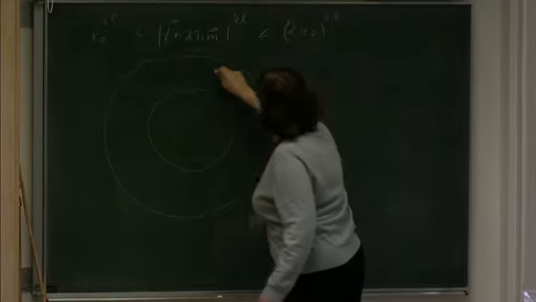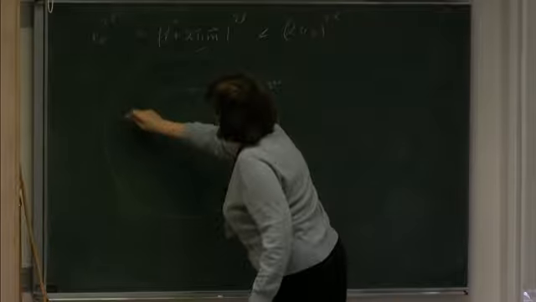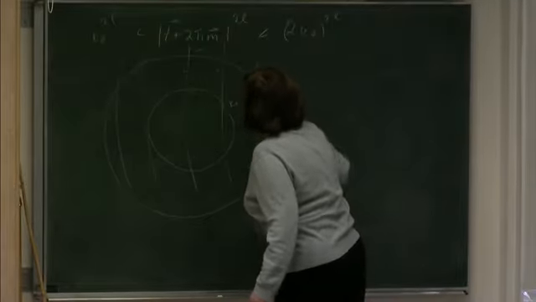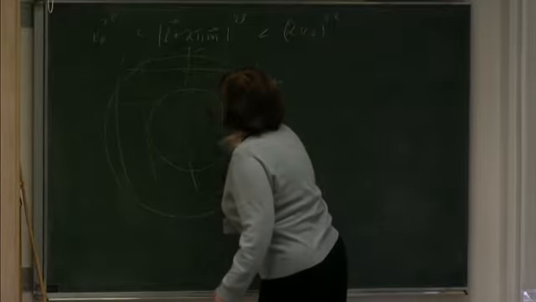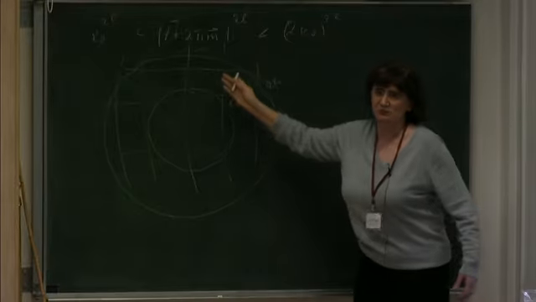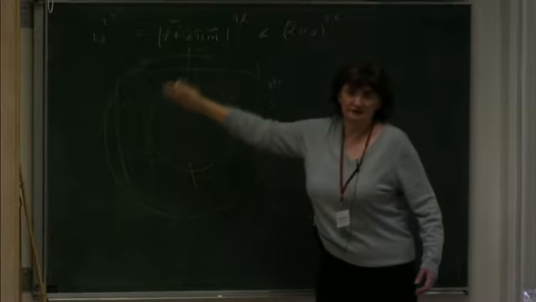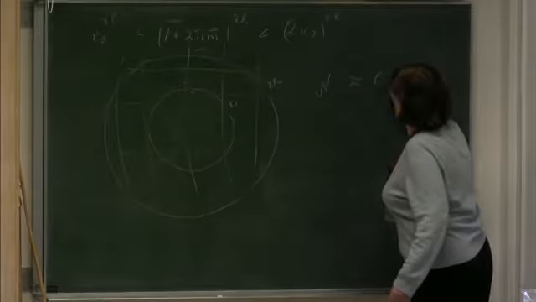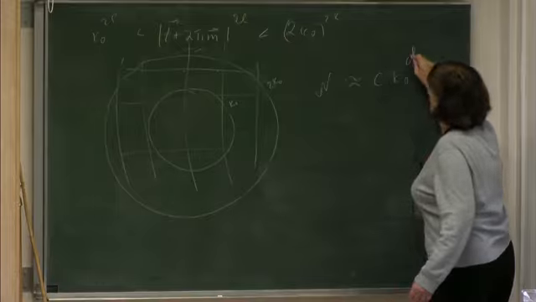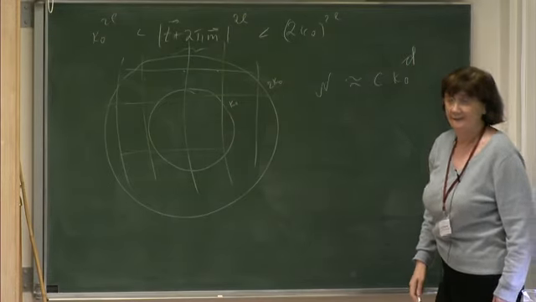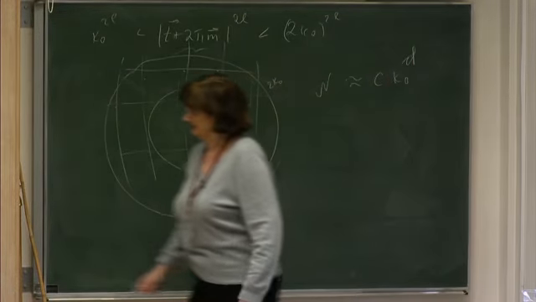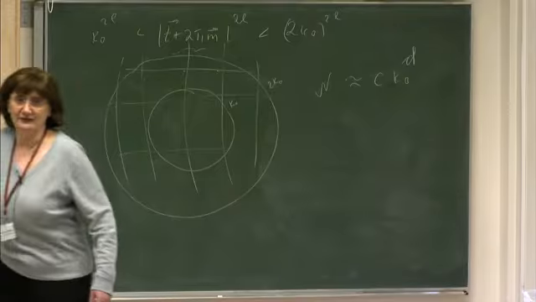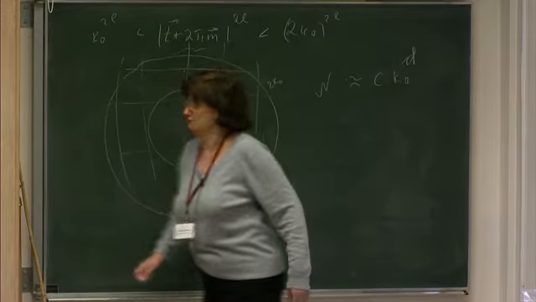So all these t + 2 pi m, this is a lattice, are sitting inside a spherical shell. How many of these points are there? We have to compute the volume. The volume will be something like c k0^d, in d dimensions. And if we want to compute the average distance, we have to take the length of this interval and divide by the number of points.